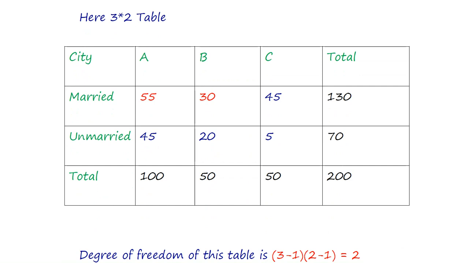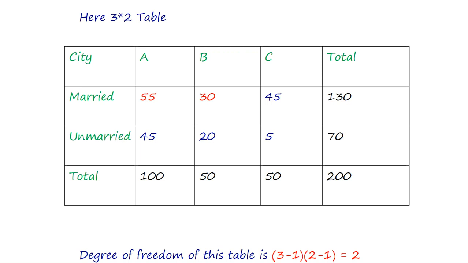Now look at this formula. R minus 1, R represents rows. Here are two rows of this contingency table, 2 minus 1. C minus 1, C represents the columns. Here are two columns, 2 minus 1. 1 multiplied by 1 is equal to 1. The degree of freedom is 1. This 70 represents the observation that is free to vary.